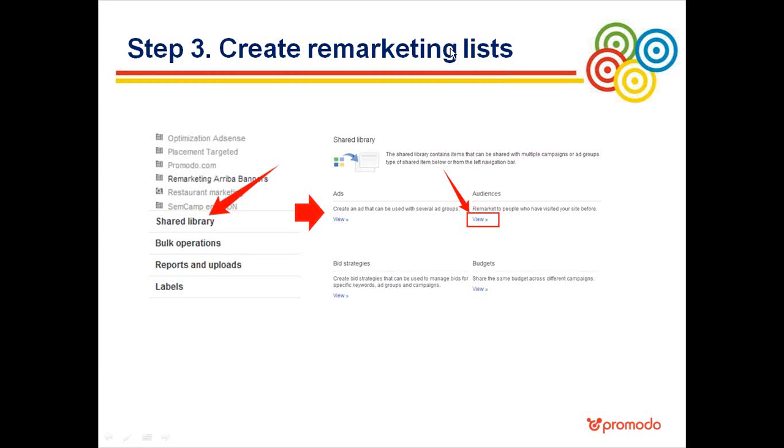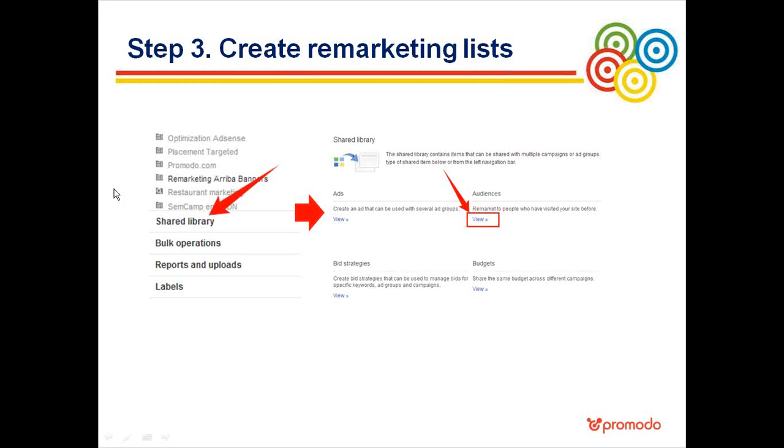By default, you already have the remarketing list, which includes all your website visitors, but of course to be able to run more effective campaigns, you might need to segment these visitors, and thus you can create separate remarketing lists, any number of these lists, and assign them to different ad groups.